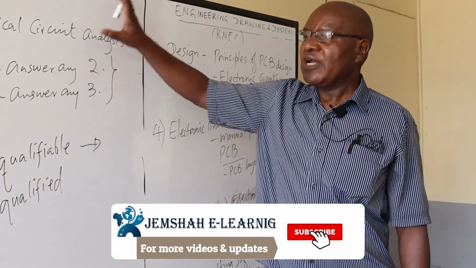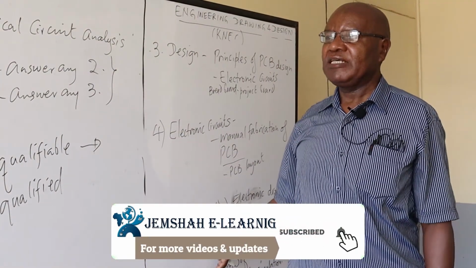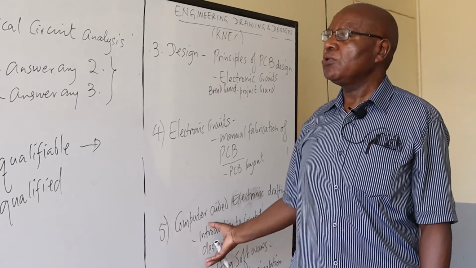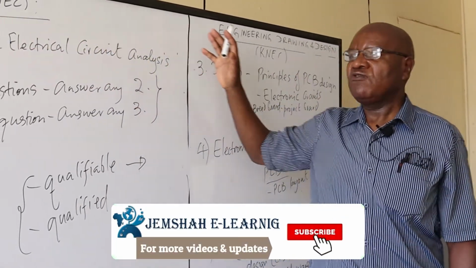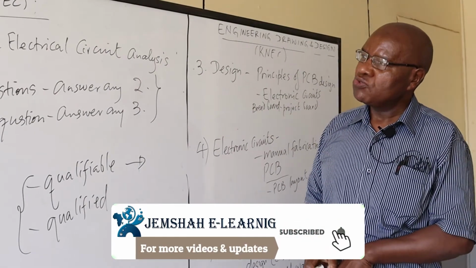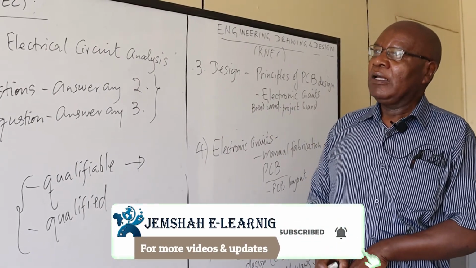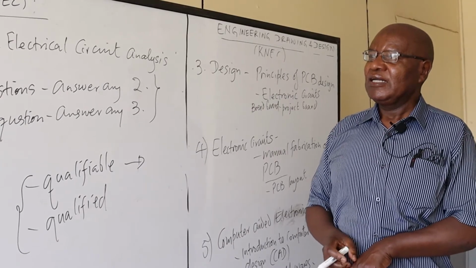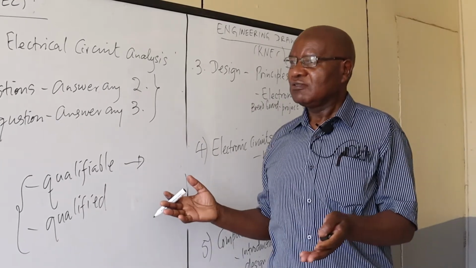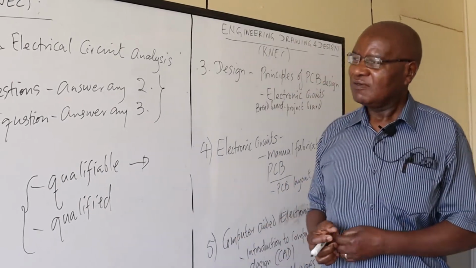Now, what we cover in our lessons, the ones we shall be going through, is pertaining to the NEC syllabus. Now, once you go for attachments, you may be going to companies like the SGR, where they have got Chinese. Now, Chinese, they have got their own symbols of doing things.